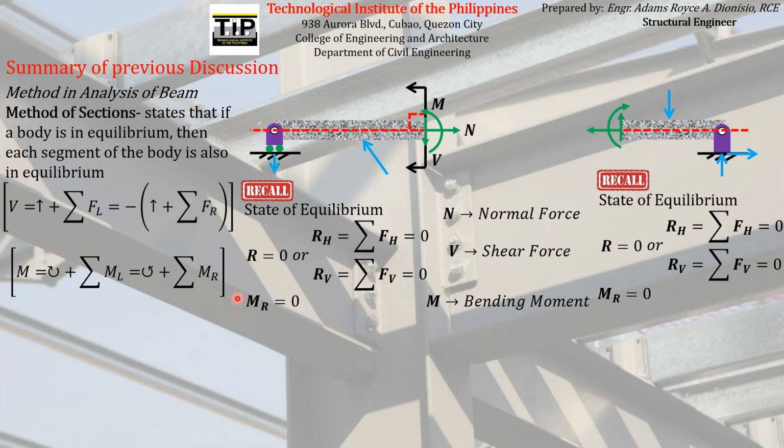If you can recall as well, we learned from the previous discussion that we can express the shear and bending moment acting at any particular point along the beam as a function of the distance of that location with respect to a certain reference line.